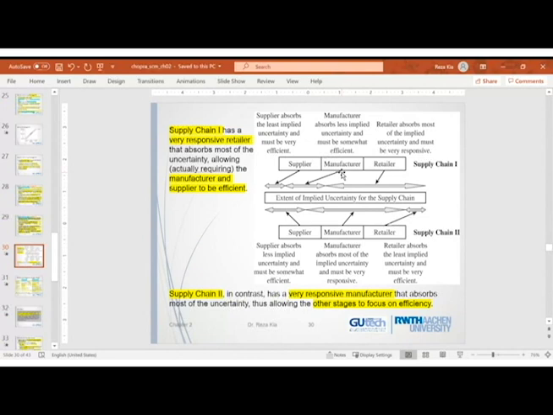And again, as a general idea, when the uncertainty is high, for example here for the retailer, it should be very responsive. And if the level of uncertainty is low, then on your side, either manufacturing or supplier, they should be efficient.